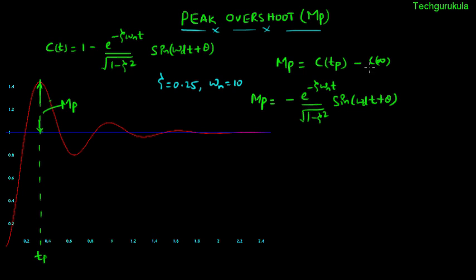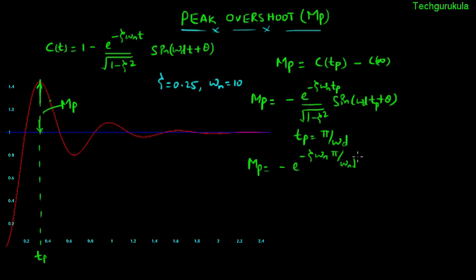As the 1 in C of infinity and the 1 in C of TP get cancelled, we are left with this expression where t is equal to TP in both the functions. Now all we need to do is substitute the value of TP, where we know TP is given by pi by omega d, and see what MP is here. So MP can be given as e power minus zeta omega n, and TP is pi by omega d.